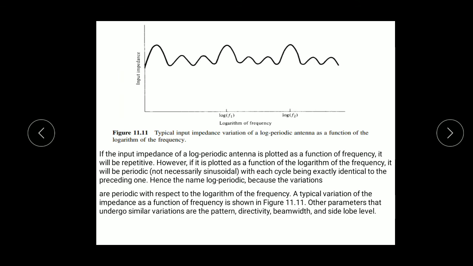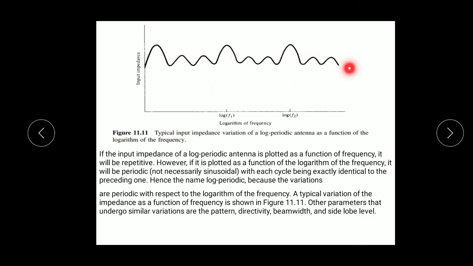You can see this is the input impedance of the log periodic antenna, and this is the frequency in terms of the logarithm of frequency. The input impedance does not vary too much; it stays moderate within a particular range.